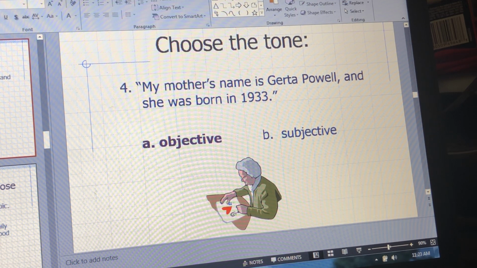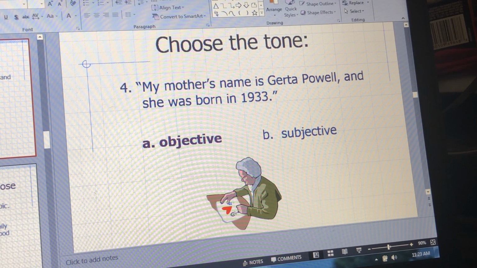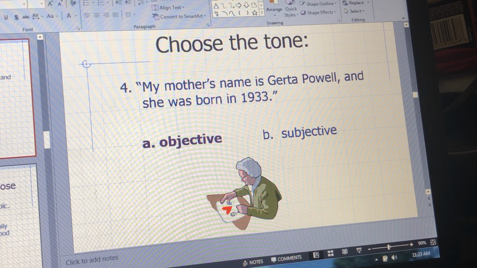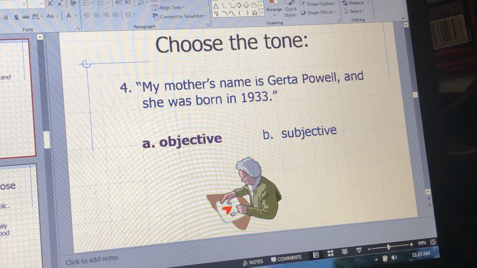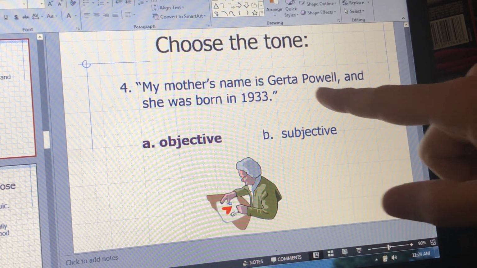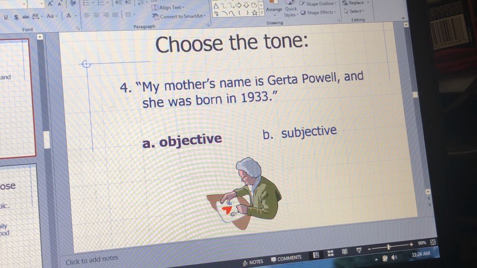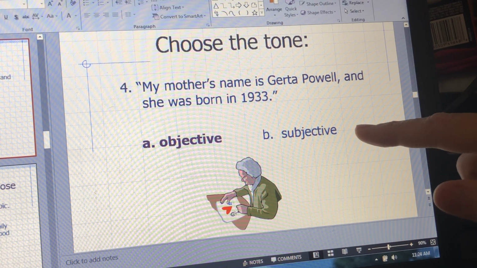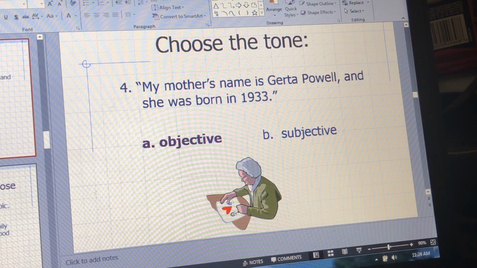I would say here it's very objective, right? Yes, it's about something personal, your mother, but you're stepping back from yourself, your personal feelings, and just relating the facts. If you were like, my mommy's name is Gertie, and she was born in the wonderful year of 1933, then you'd be very subjective. But you're just relating the facts. You're stepping back and looking at it from an objective point of view.